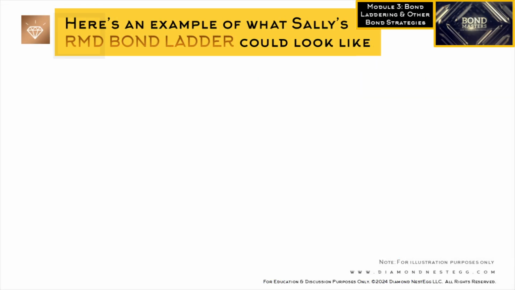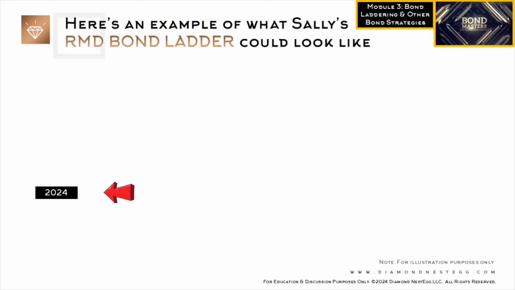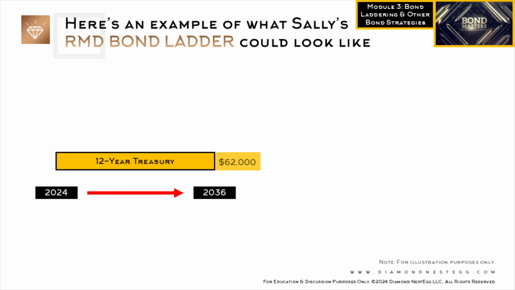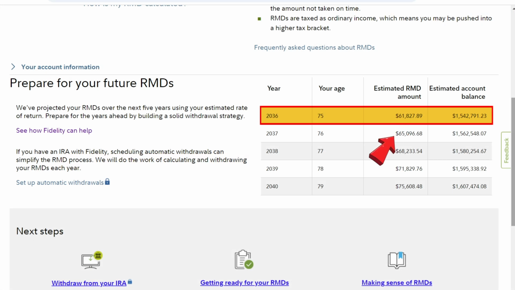Here's an example of what Sally's RMD bond ladder could look like. Assuming that this year is our starting year, Sally could purchase approximately $62,000 in par value of a 12-year treasury to cover her first RMD in 2036. Either just normal treasury bonds or perhaps even some TIPS, treasury inflation protected securities.